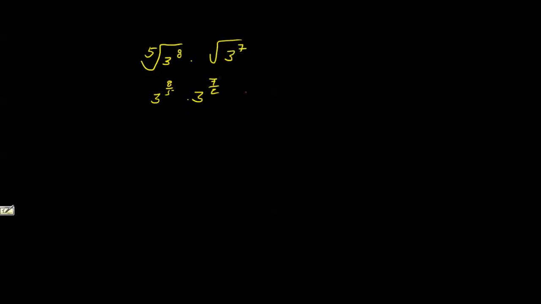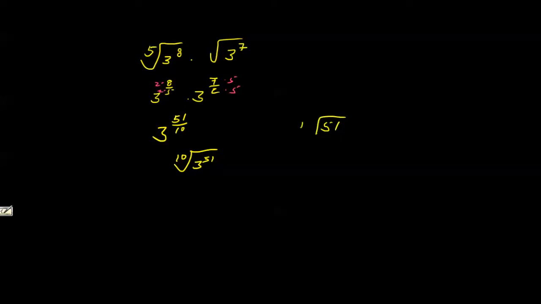Now I can go times 5 over 5 times 2 over 2, and now we end up with 3, 16 and 35 is 51, and 2 times 5 is 10. So we have the 10th root of 3 to the 51st power.